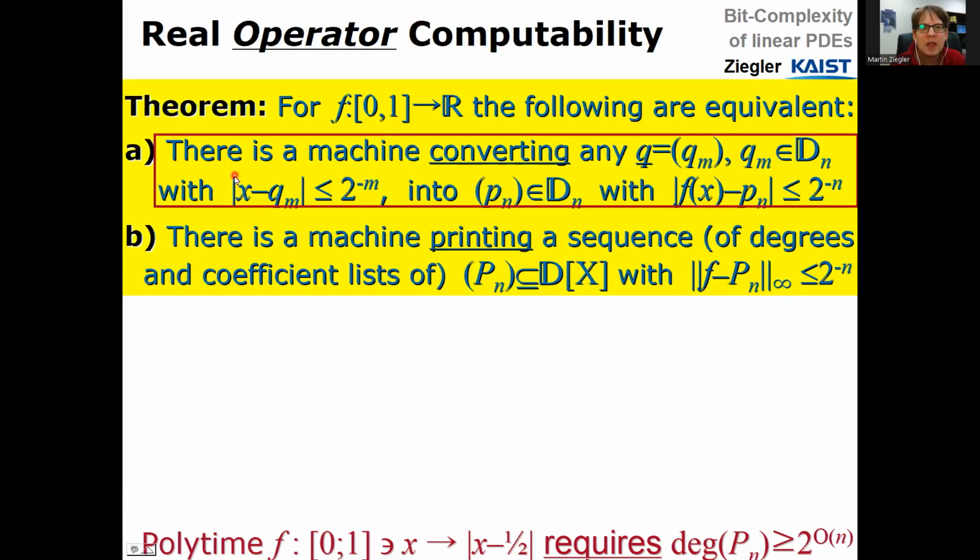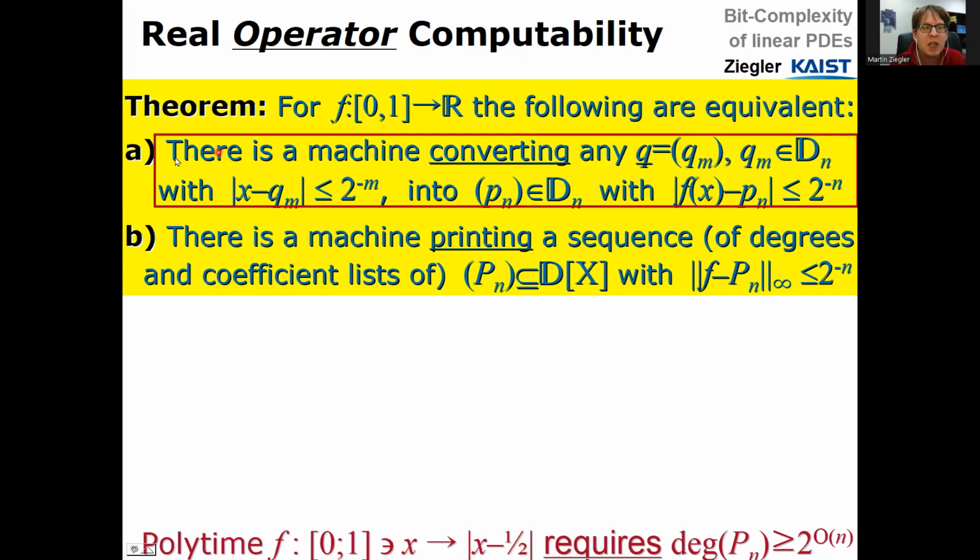And I'd like you to keep that in mind when we now try to find a definition jointly for operator computability and for operator complexity. Because operators, as you know, receive functions as input. Real functions receive real numbers as input and produce real numbers as output.